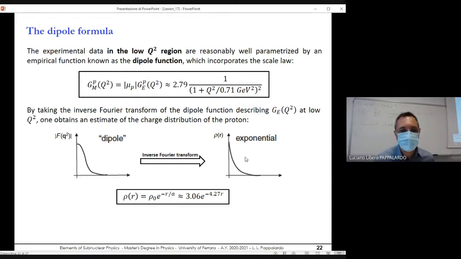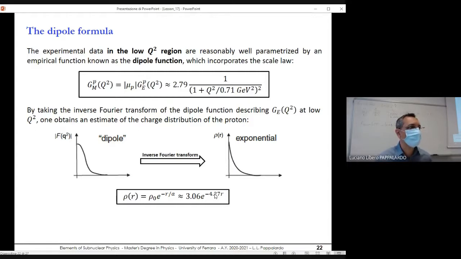Once you take this analytical shape of your form factor and calculate the inverse Fourier transform, you indeed obtain the charge distribution in the case of the electric form factor and the magnetic moment distribution in the case of the magnetic form factor. For the charge distribution, one obtains this kind of exponential relation. So the inverse Fourier of a dipole function is an exponential, and these parameters are fixed, of course, by fitting experimental data.